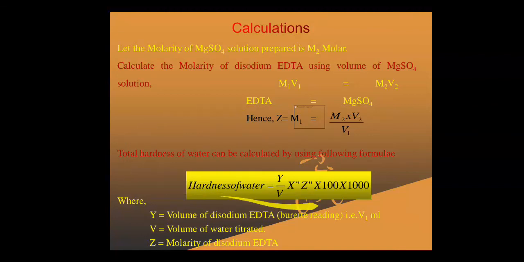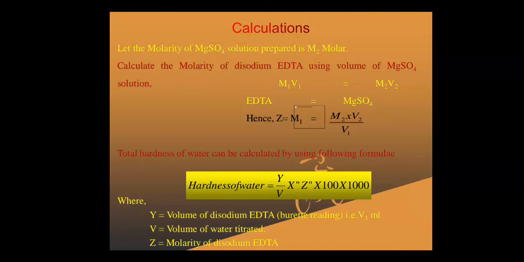By knowing the exact molarity M1 of EDTA, you can find out the hardness. Hardness of water sample is equal to Y upon V into Z into 100 into 1000, and it should be expressed in ppm of calcium carbonate equivalent, where Y is the volume of EDTA required, that is the burette reading, capital V is the volume of water titrated, and Z is the molarity or normality of EDTA.